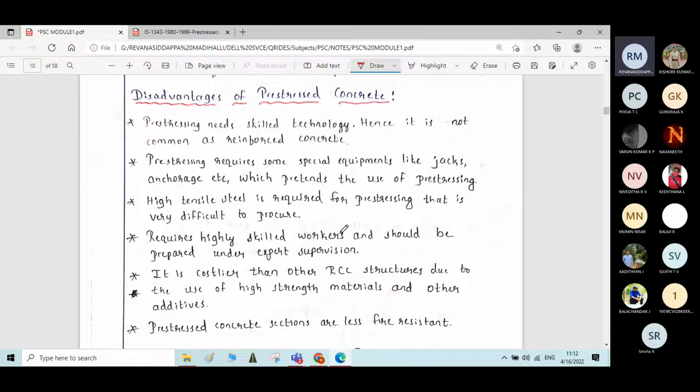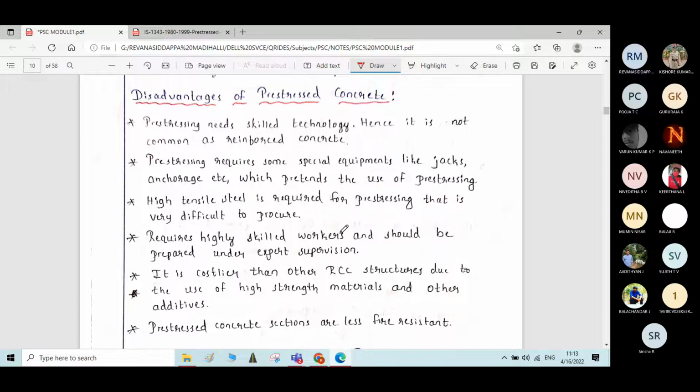Now coming to the next disadvantage of PSC: the prestressing requires, as I said, some special equipment like jacks, anchorage, etc. Some advanced equipment is required for the prestressing process, which makes the user not go for this prestressing system.